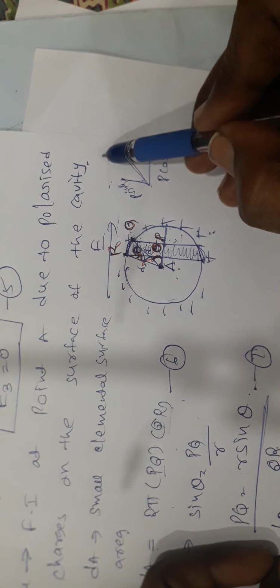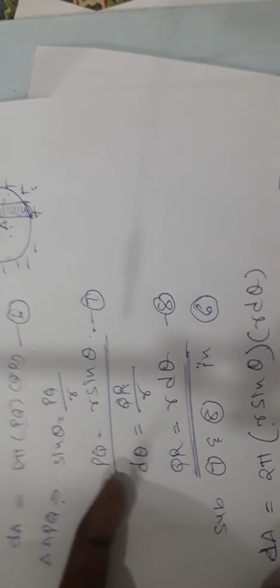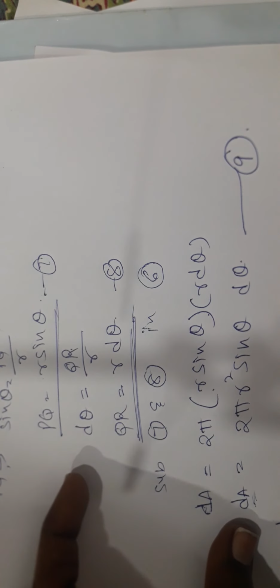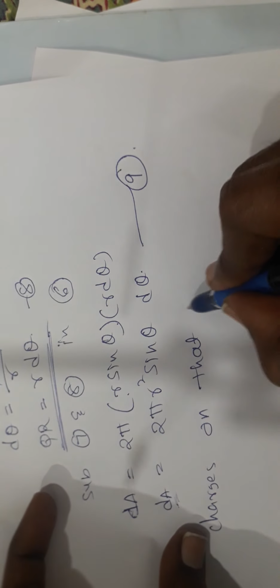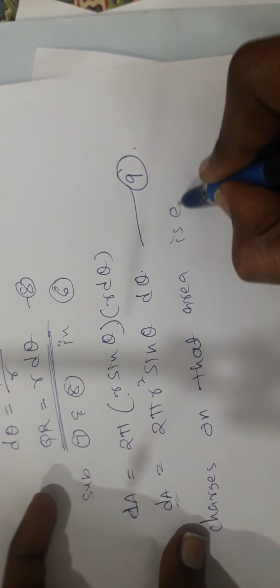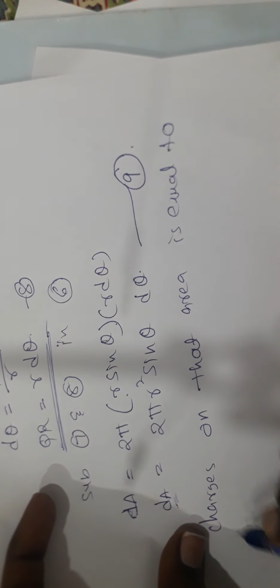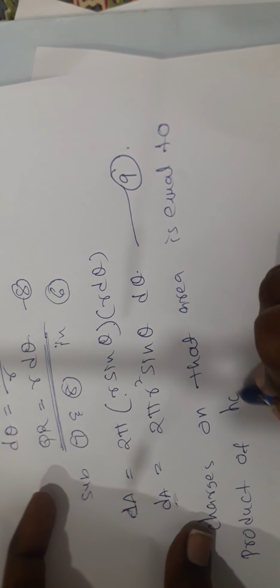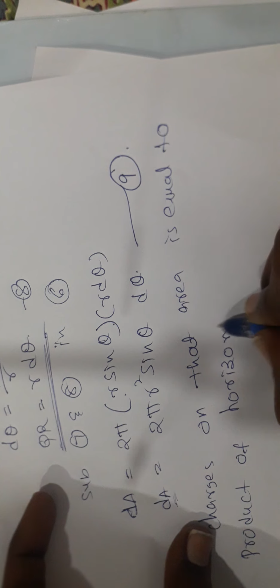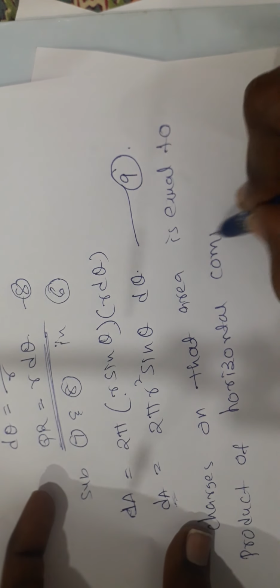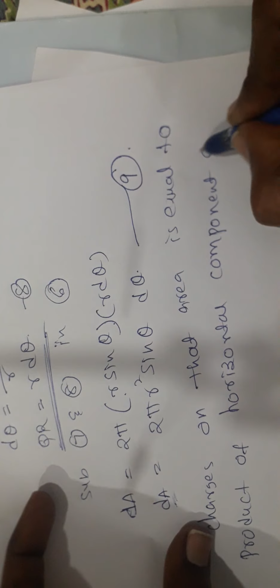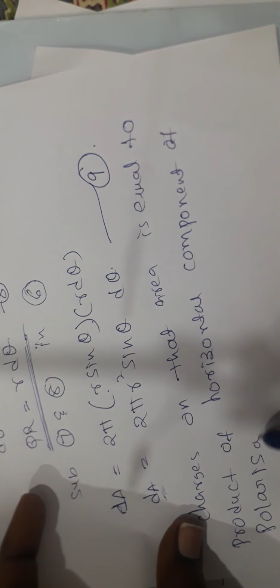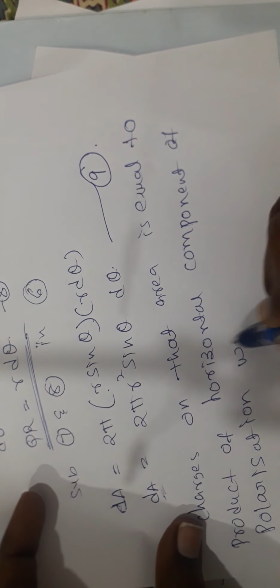Here polarization is along the horizontal, so the charge on that area is equal to the product of the horizontal component of polarization with the area.